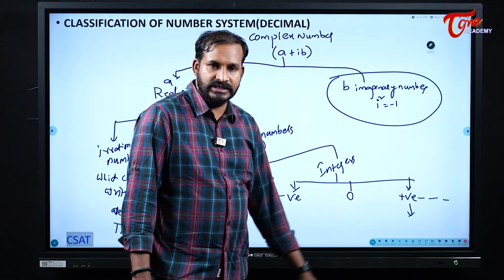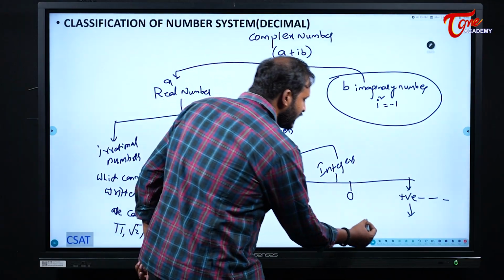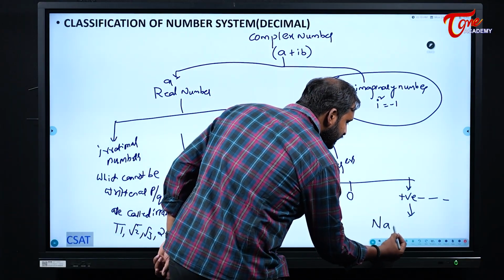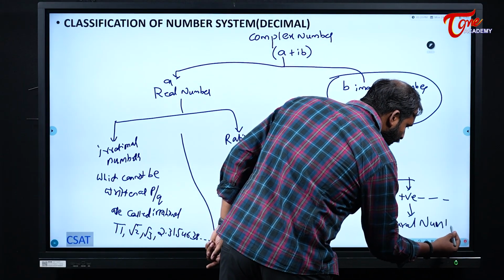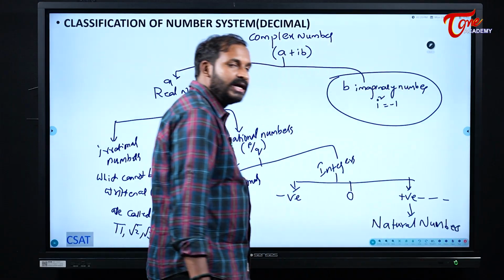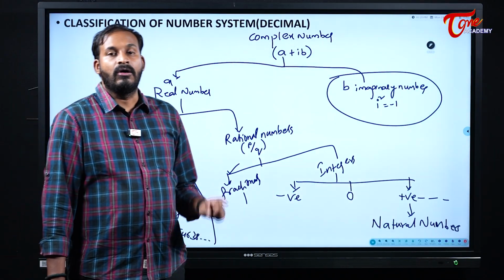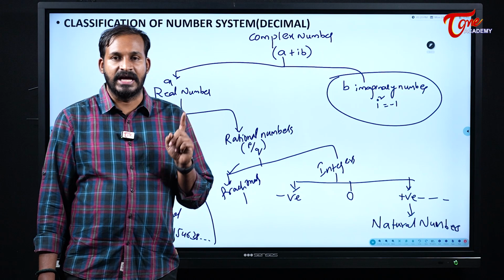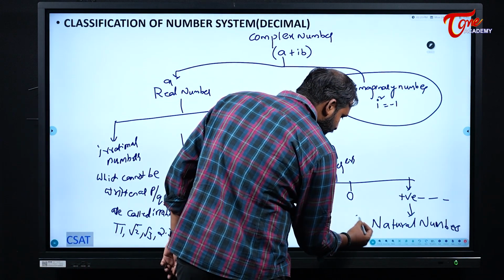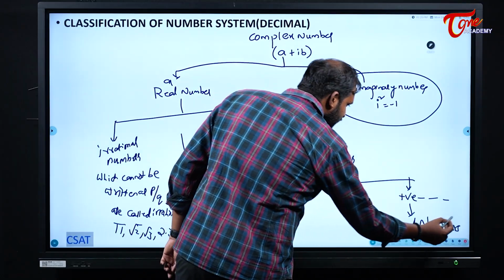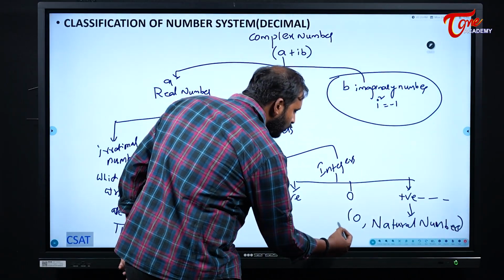So these positive integers are called counting numbers, and they have one more name, natural numbers. So all the positive integers are called natural numbers, remember. Now when I add 0 to these natural numbers, it becomes whole numbers.